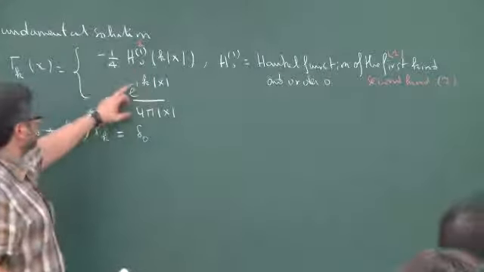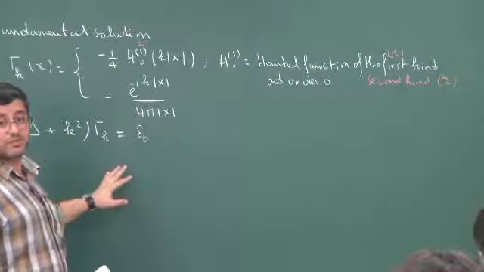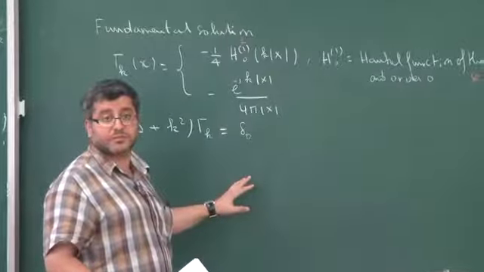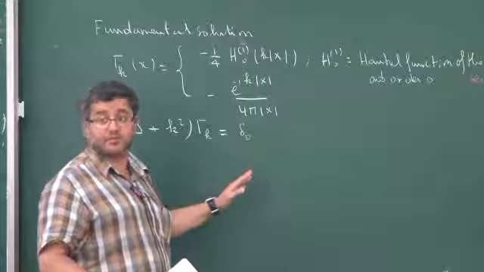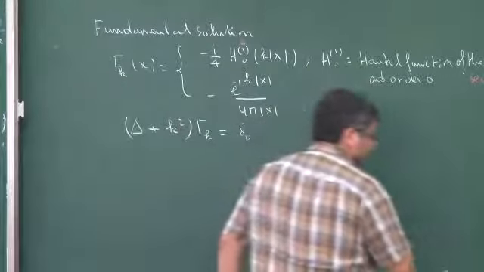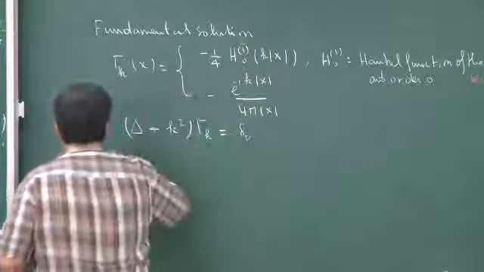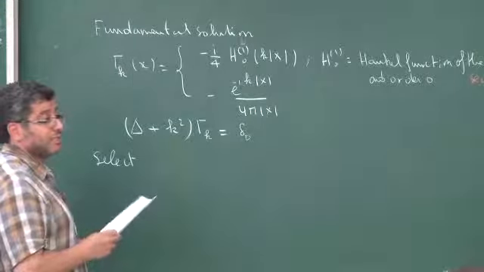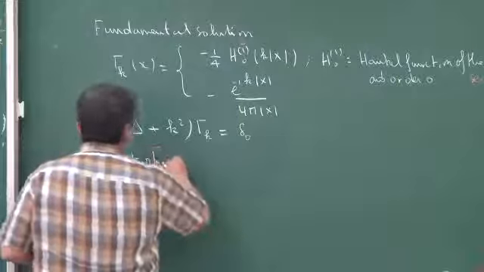If you change this sign, or you change 1 to 2, it's a solution to the Helmholtz equation. So we have to select the one we are going to use. Otherwise, there are at least two fundamental solutions. So we have to select the physical one.